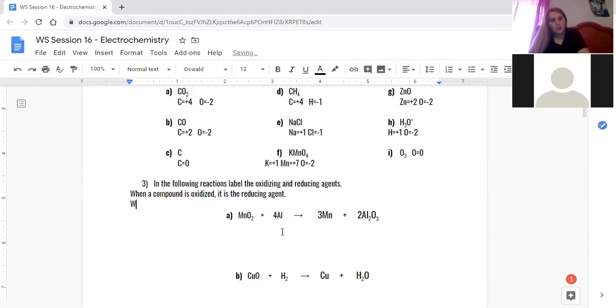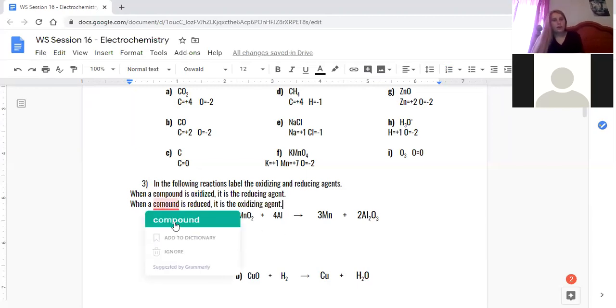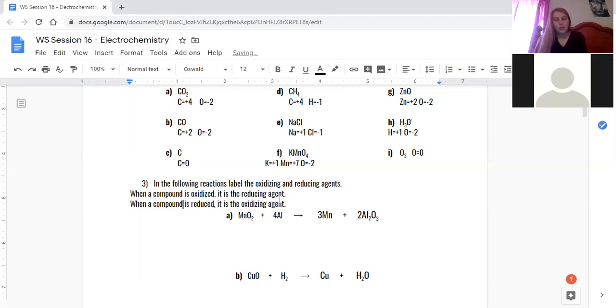And when a compound is reduced, it is the oxidizing agent. And so that's a little bit counterintuitive. And the reason it's like that is because they always come in pairs.